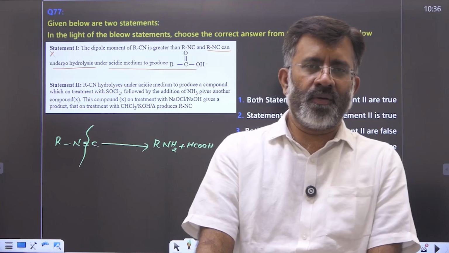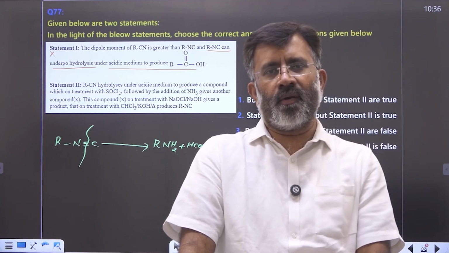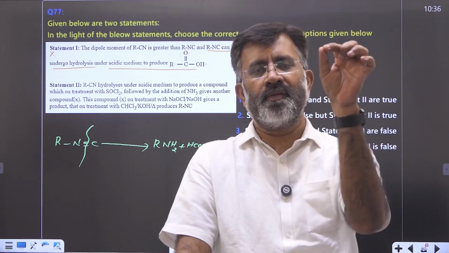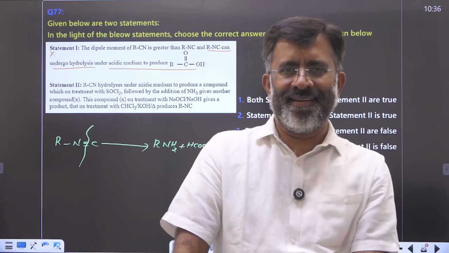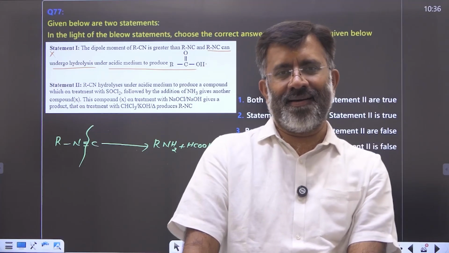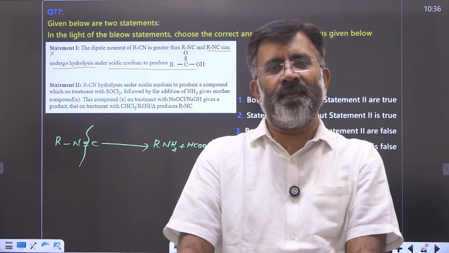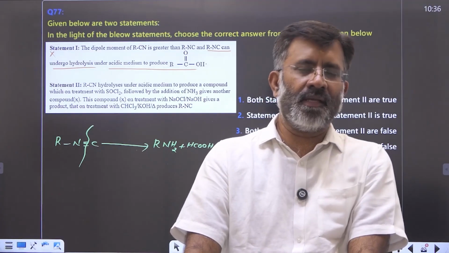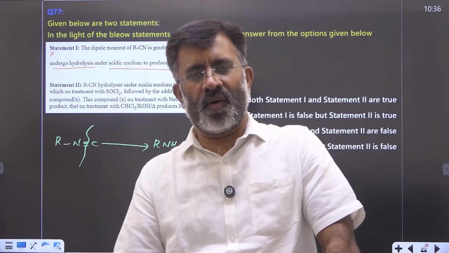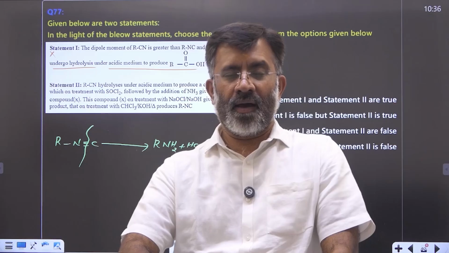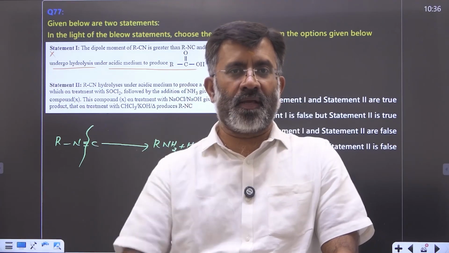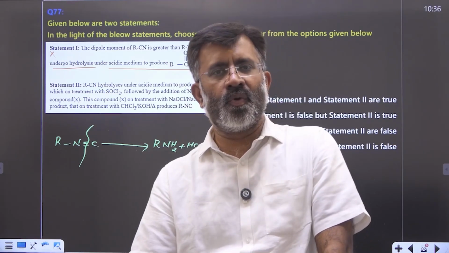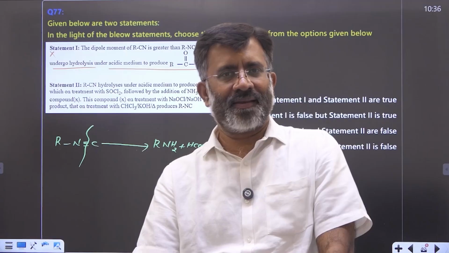I'm sure you might have heard that RNC in aqueous medium can give you silver mirror test. RCN cannot. RNC, when treated for hydrolysis, you get RNH2 and formic acid. Formic acid is able to give you silver mirror test, right?